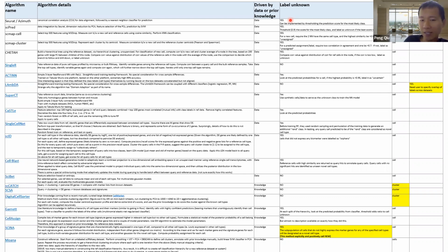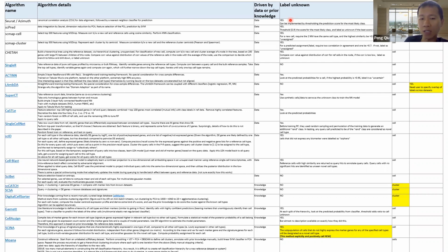And what Seurat says is if the highest probability among the 10 is very high, like 0.99, then the algorithm will confidently label this cell. But if the highest probability among the 10 is only a 0.2, right? So then Seurat will say, this cell, I cannot annotate it. I cannot confidently annotate it as one of the 10 known cell types.